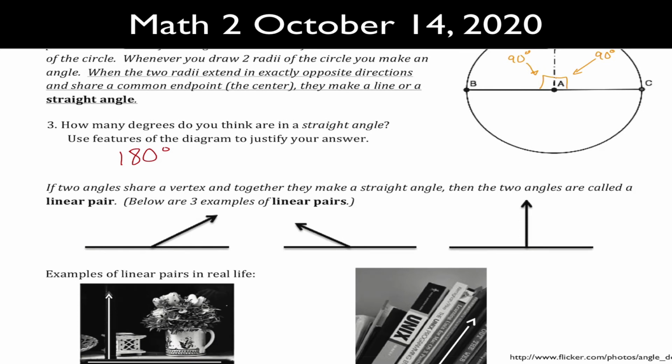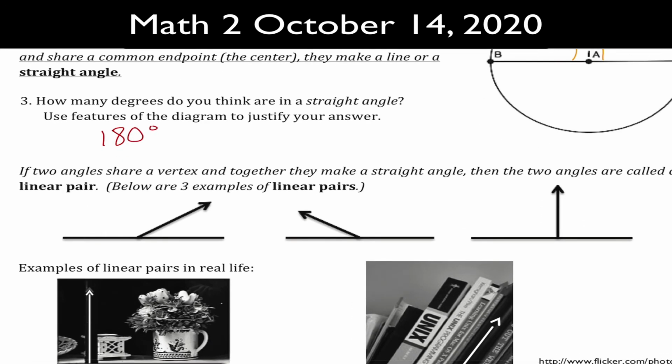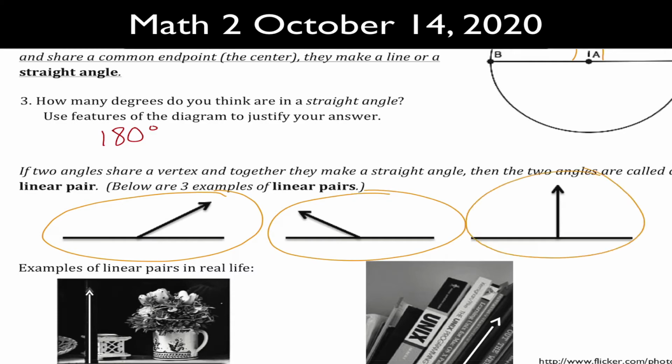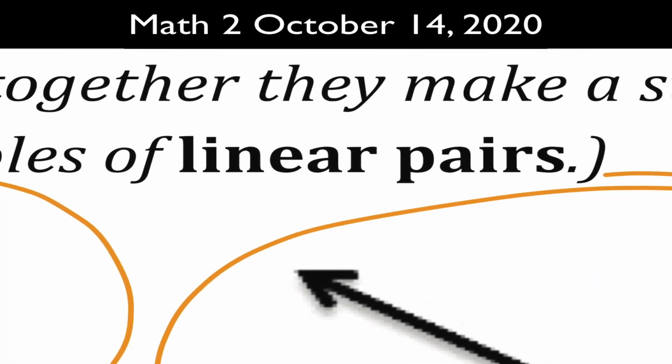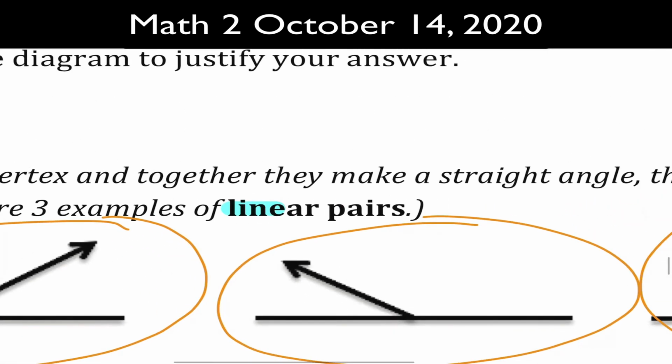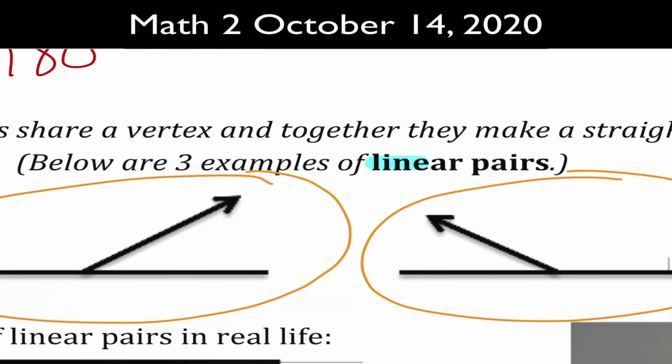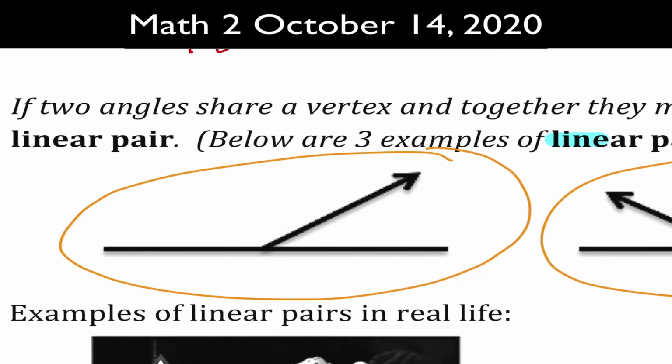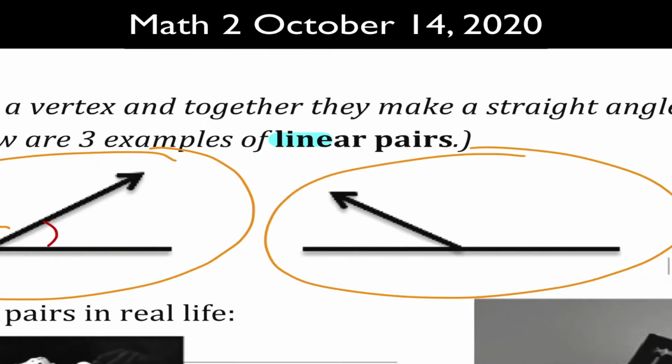All right, so let's fast forward. The second part of number 3, these are examples of linear pairs. When you look at it, the word linear has the root word line in it. So linear pairs are just angles that combine together to make a straight line. So all of this angle plus this angle, straight line.